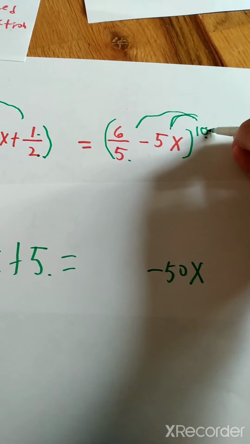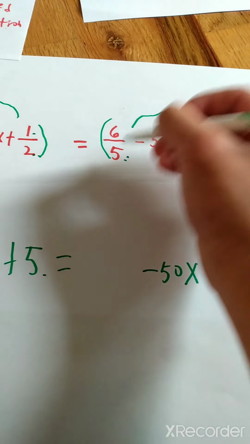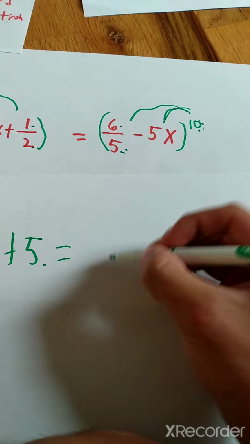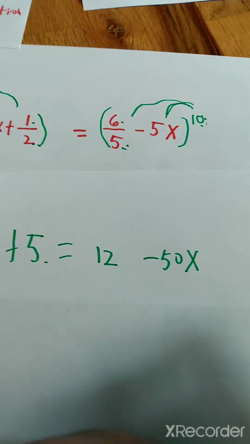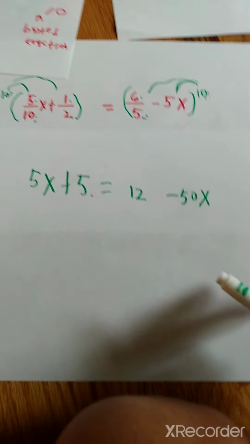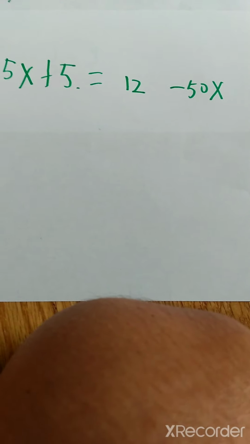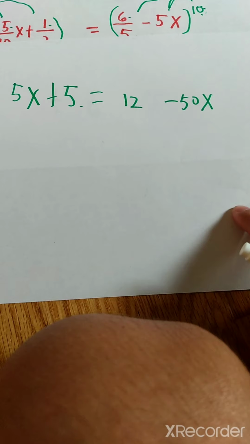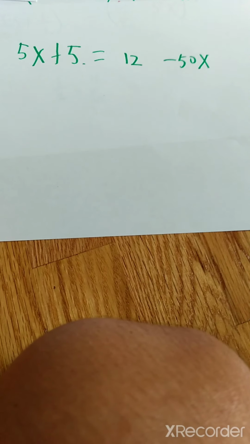And 10 attacking the 5. 10 divided by 5 is 2 multiplied by 6. That's gonna be 12. So guess what we just did? Kaboom and bam! No more fractions. We just busted the fractions with the 10. And now we have a new equation. Now let's solve for x.